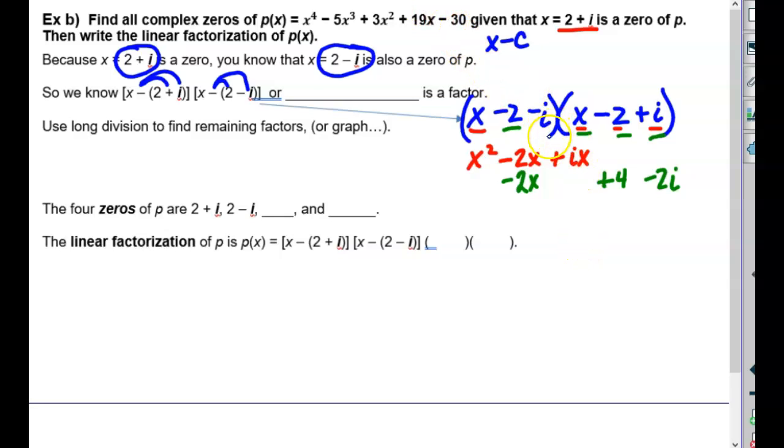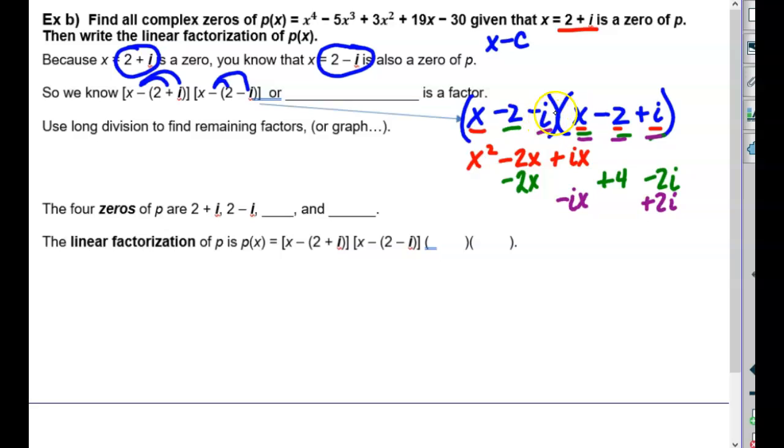Then I'm going to go back one more time and distribute this negative i to all three of these terms. Negative i times x is a negative ix, and I'm going to write that under the positive one I already had. Negative i times negative 2 would be a positive 2i. So write that one out there because it lined up with that.